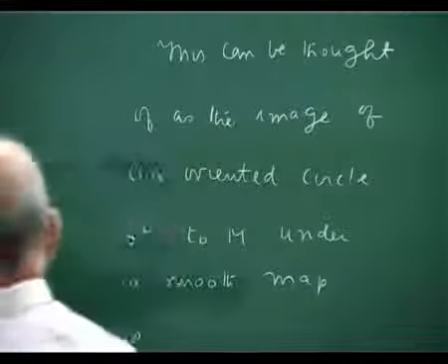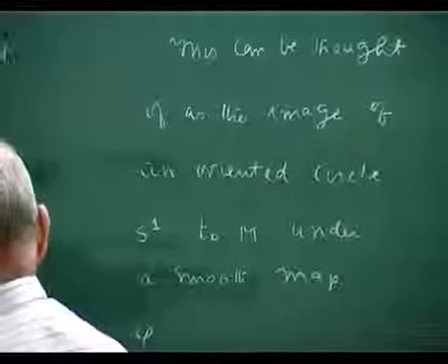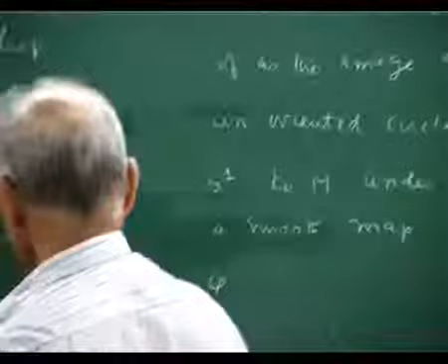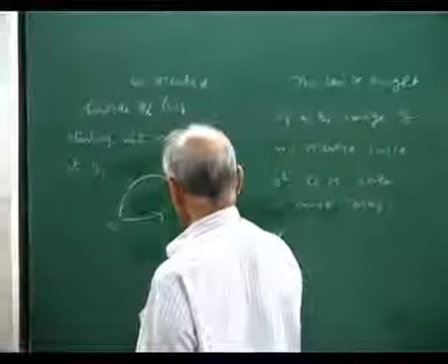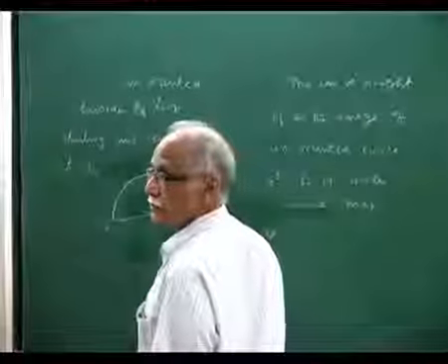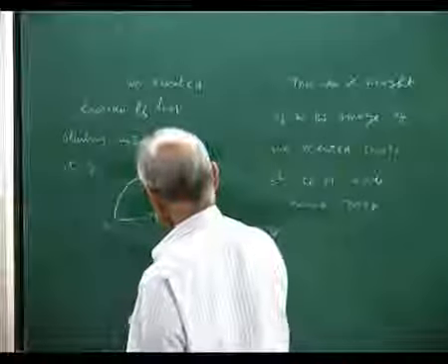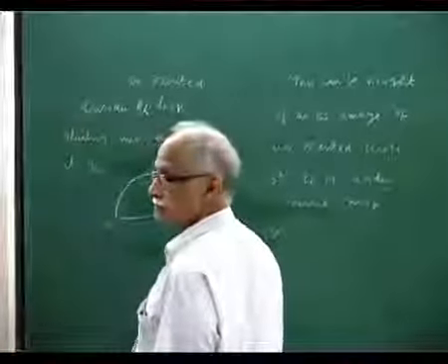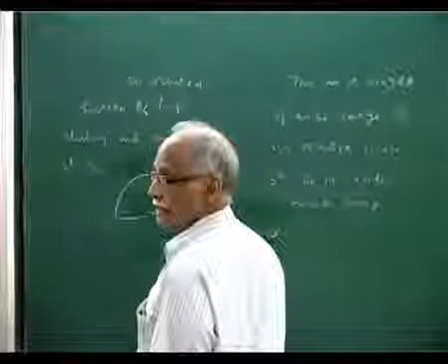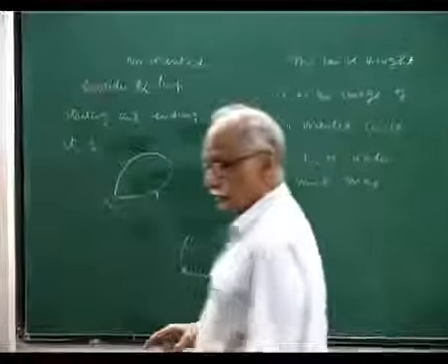So you take a circle. It can have an arrow or no arrow. That is, I can say that this circle is going this way or that way. So it is going this way. You follow what I'm saying?